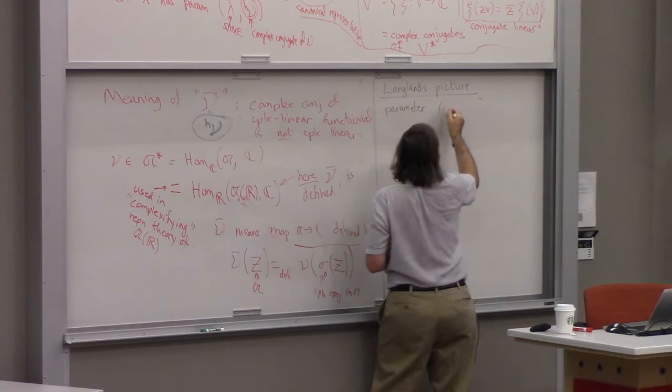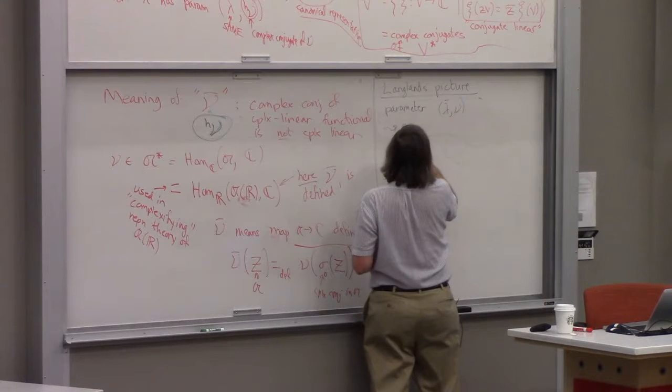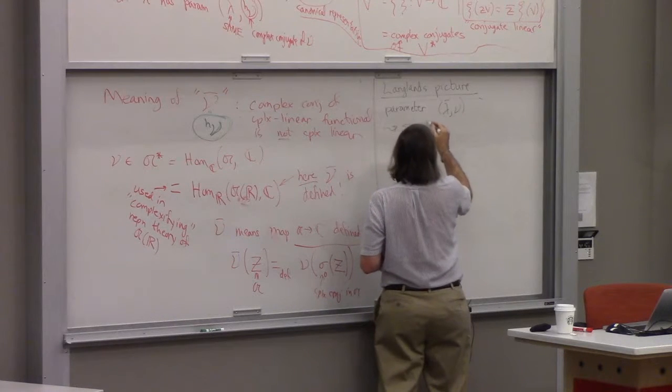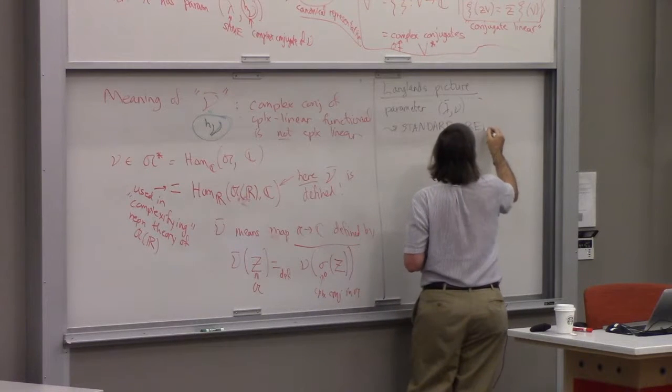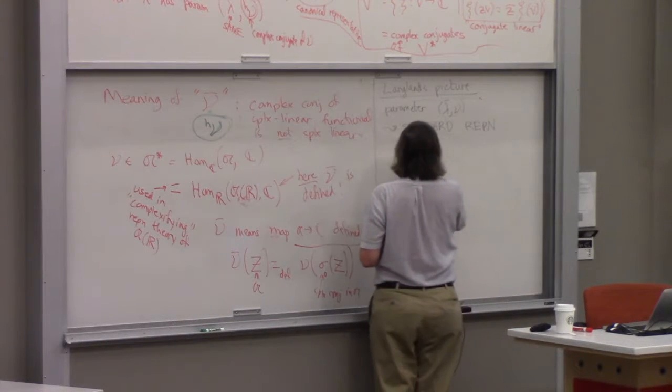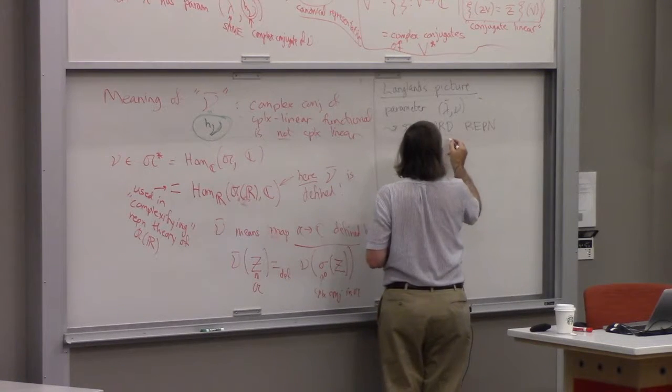This parameter, lambda bar nu, gives a standard representation. These have come up a fair amount, I of lambda bar nu.